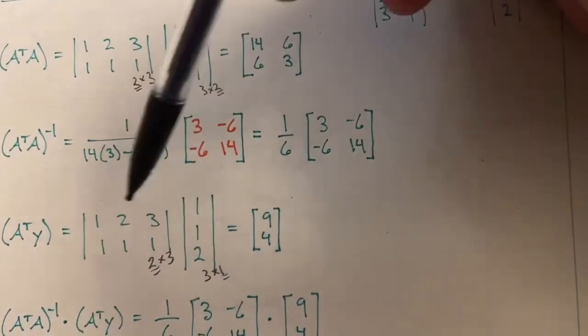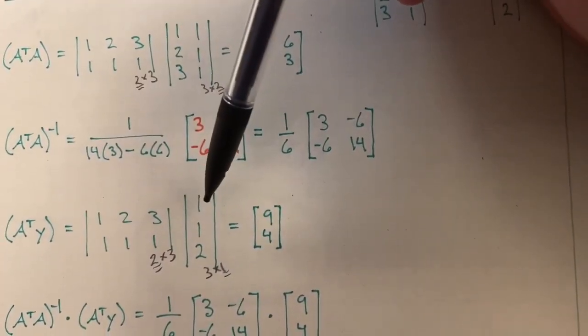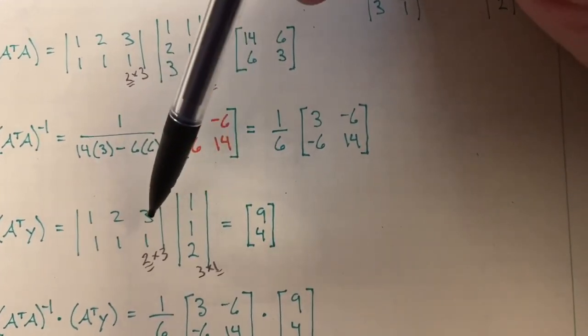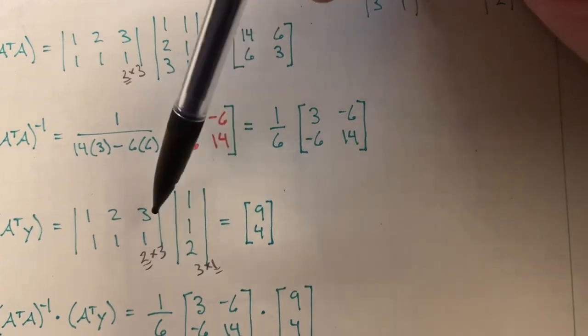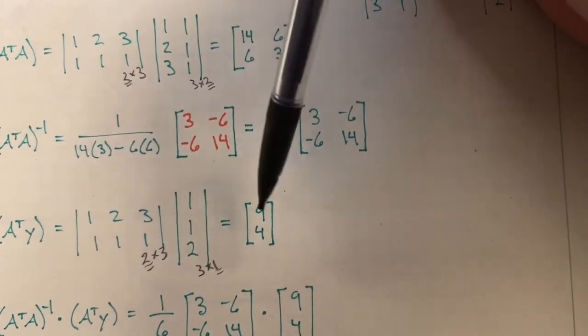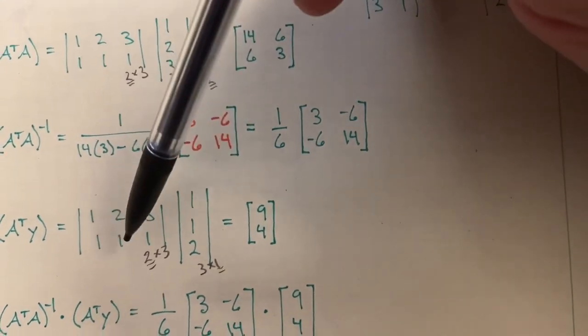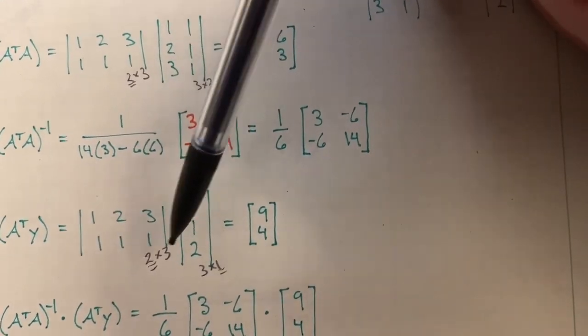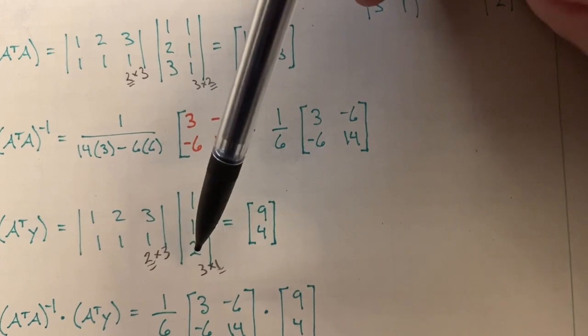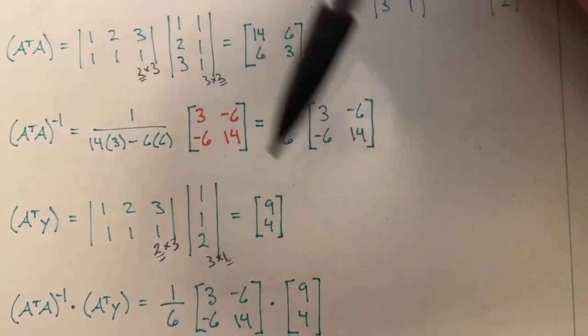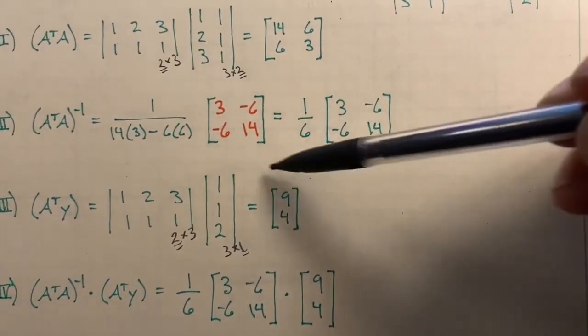Let's go through it. 1 times 1 is 1. 2 times 1 is 2. 3 times 2 is 6. 6 plus 2 is 8. 8 plus 1 is 9. 1 times 1 is 1. 1 times 1 is 1. And 1 times 2 is 2. 2 plus 1 plus 1 is 4. So here is your A transpose Y.